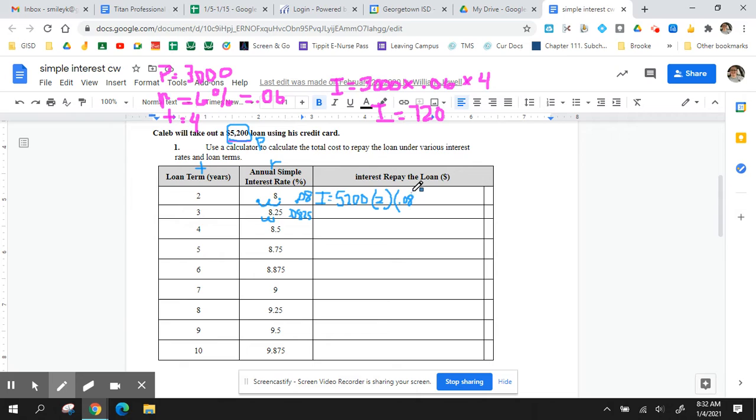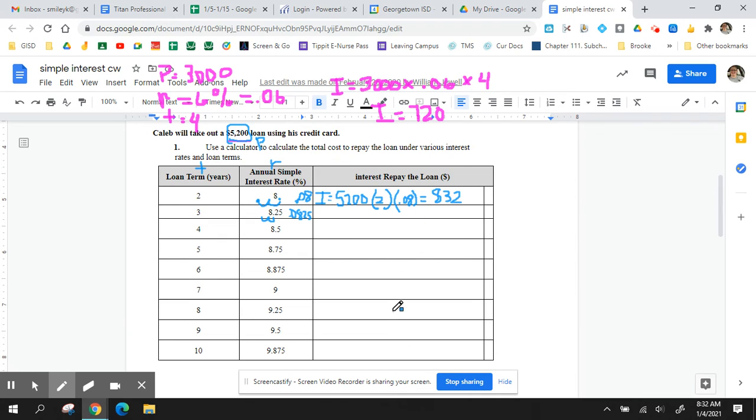Now, if you notice, I use parentheses to show multiplication. You can do this, or you can put the little times symbol that we did up here in the example. Either way is fine. So if I go to my calculator and multiply those, I get 832. Alrighty, so that is my interest.